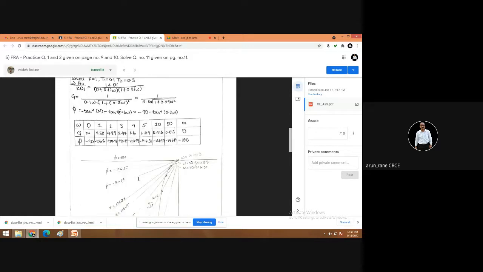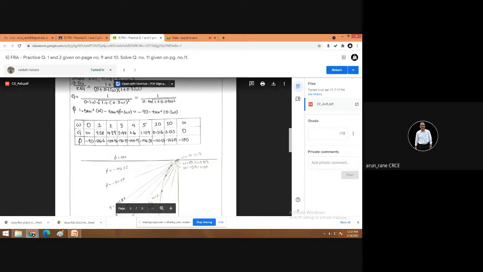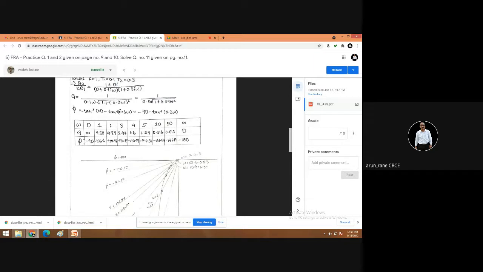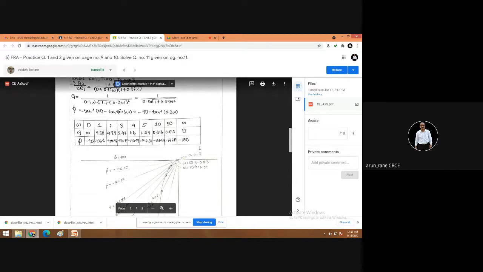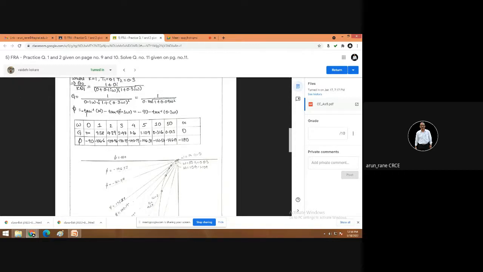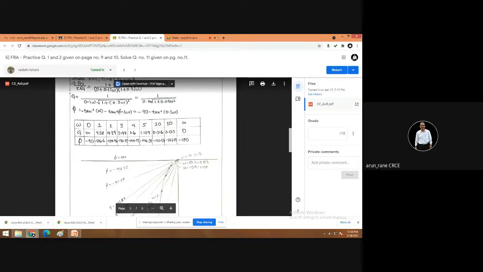Now again substitute the values of omega, calculate G and phi. So omega 0, 1, 2, 3, 4, 5, 10, 50 to infinity. 0 and infinity are a must. If you take omega as 0, what will be the value of G here? 1 upon 0, so that's infinity.